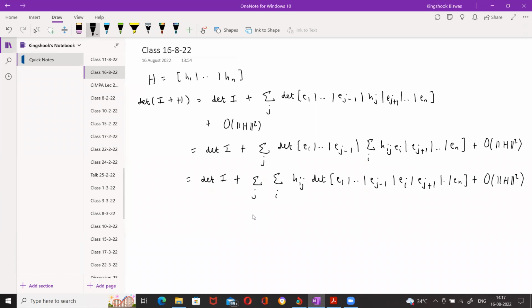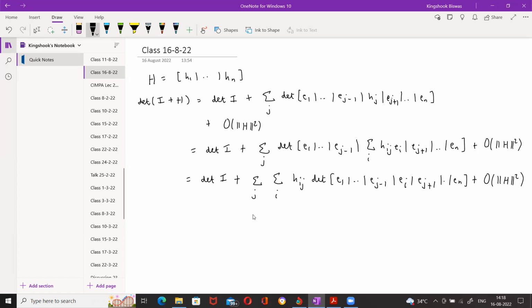And so what happens in this determinant as you sum over i? Well, if i is not equal to j, then Ei will be repeated twice in this determinant, so the determinant will be 0, because the column Ei will occur twice. So the only term which will remain is when i is equal to j.